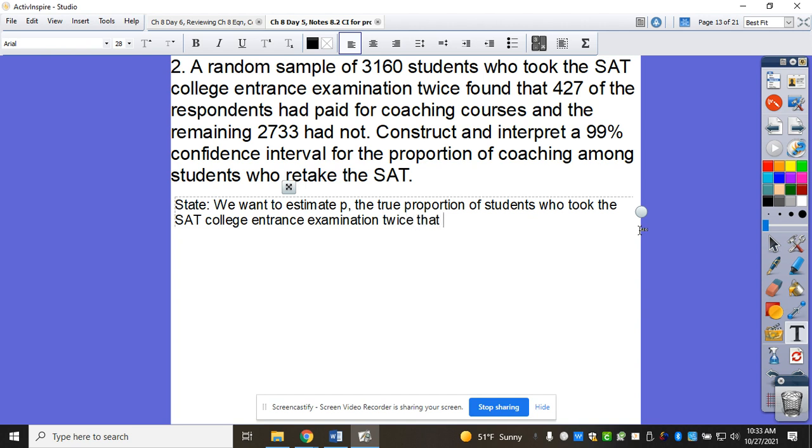Our success is that. So you could mix up and you could say the proportion that paid for coaching courses of students who took the SAT college entrance exam, and that's fine too. And then how do I end that?